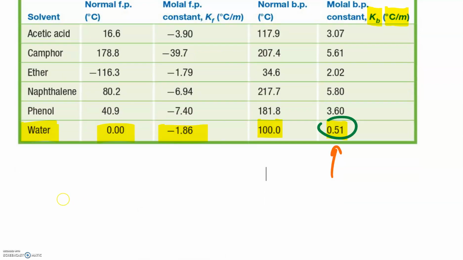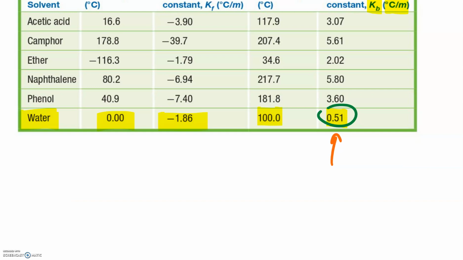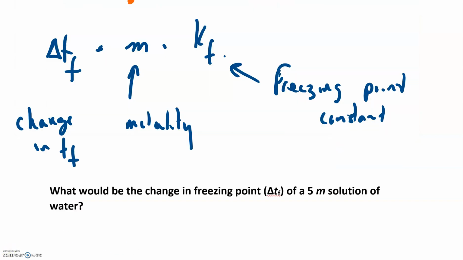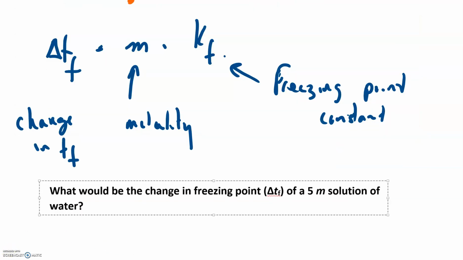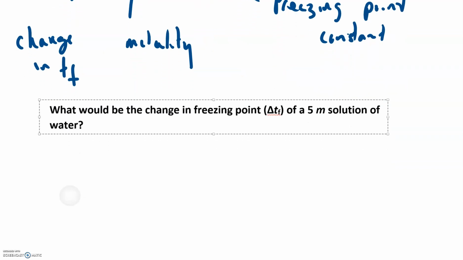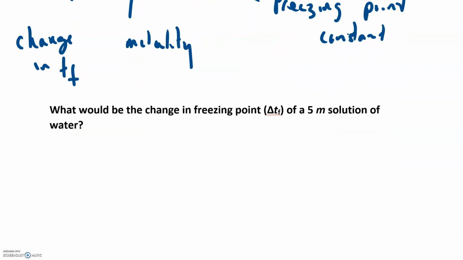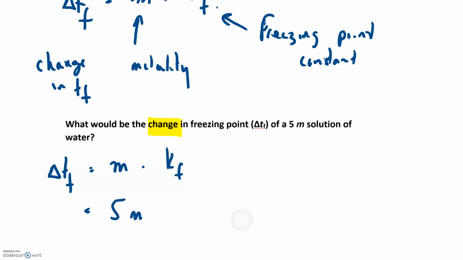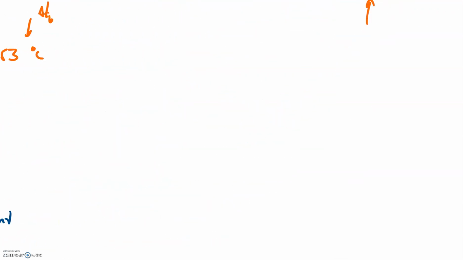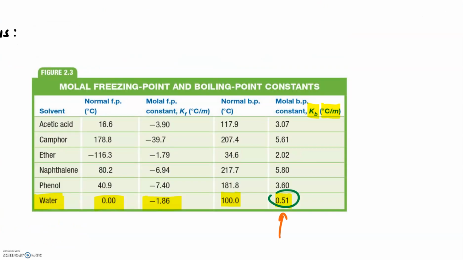Let's try it. And so let me get a question. So here's a type of question you could expect to see. Now, what this question is asking for is only asking for the change. So there's no need to get too crazy. And so if we know delta TF is equal to molality times KF, we have a molality of 5 molal. And since we're talking about water, what's our freezing point constant?